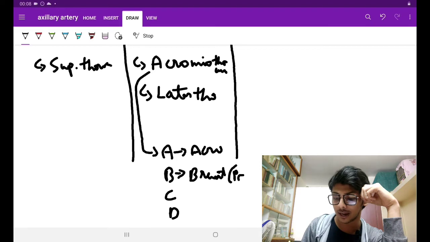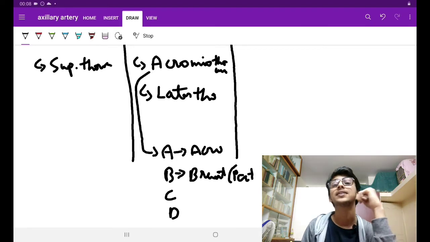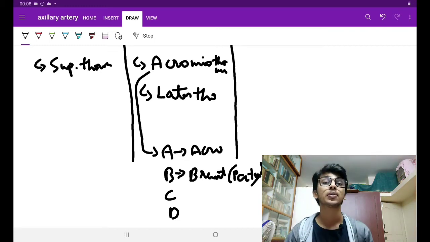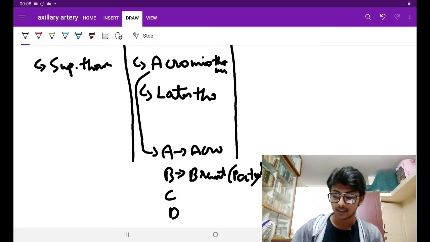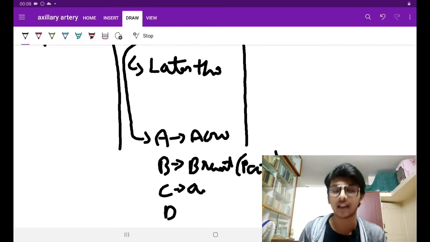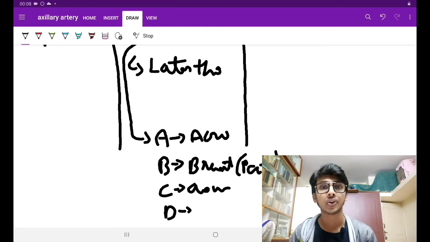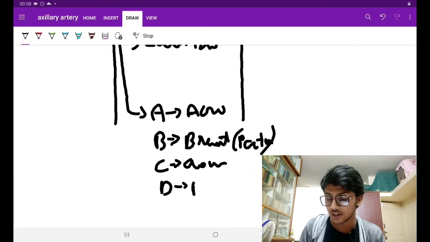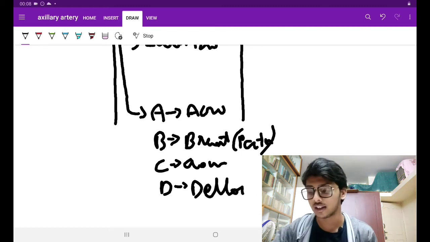That is giving a branch to the pectoralis major muscle. We studied that now. Pectoralis major muscle is supplied by its own artery, so it can be used for the cosmetic graft, isn't it? Then there is C. C is the clavicular branch. It is giving to the clavicle. Clavicle is a bone, but it also needs nutrition, so it is given. Then D is the deltoid branch, for the deltoid muscle.